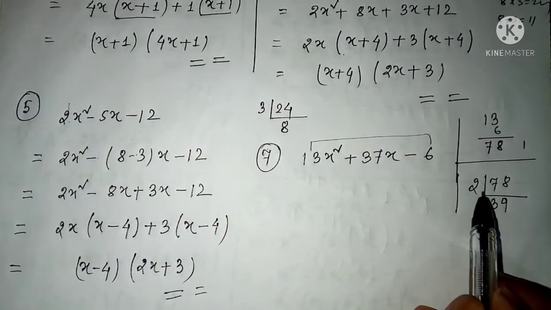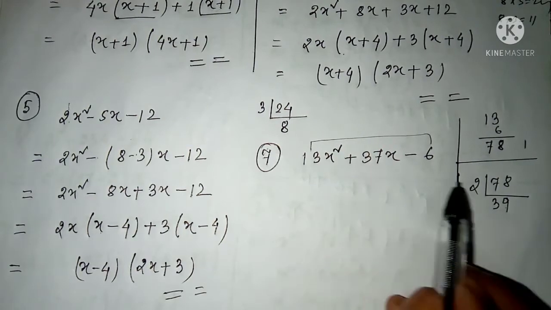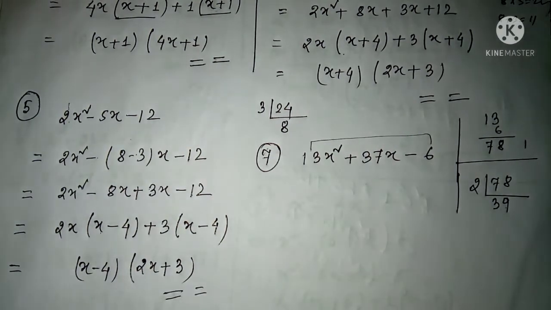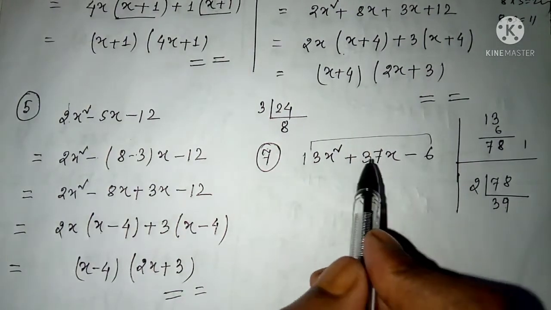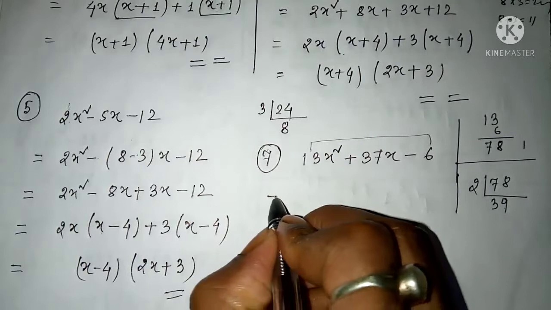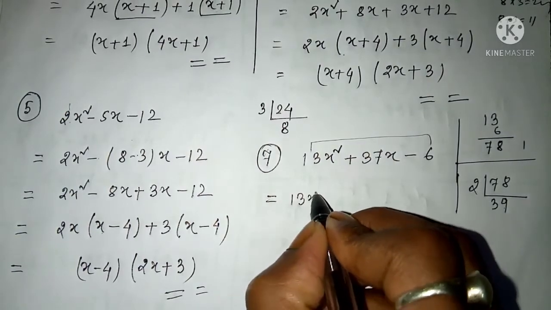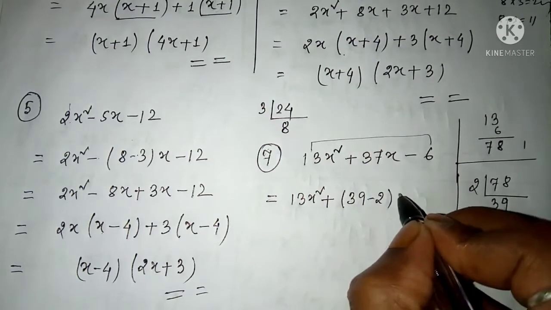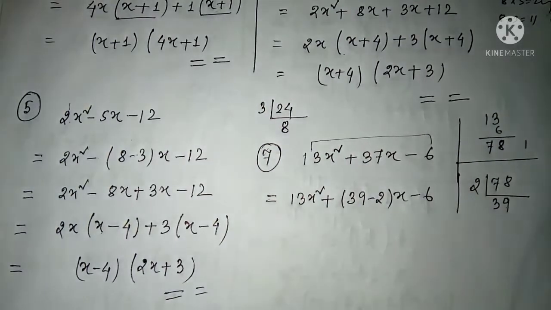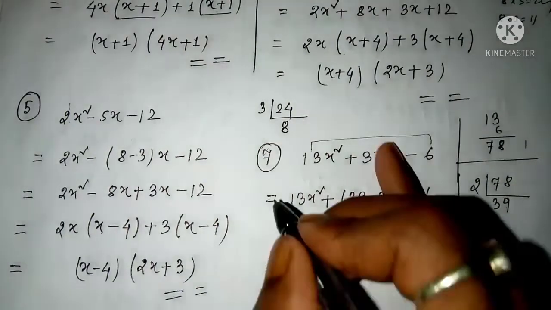Now 39 minus 2, I am getting 37. That means no need to even divide anymore. Using these two factors we can solve this one. Then you can see here, that is 13x square plus, now can I write 39 minus 2 x minus 6, because 39 minus 2 is 37. Then this is your x.